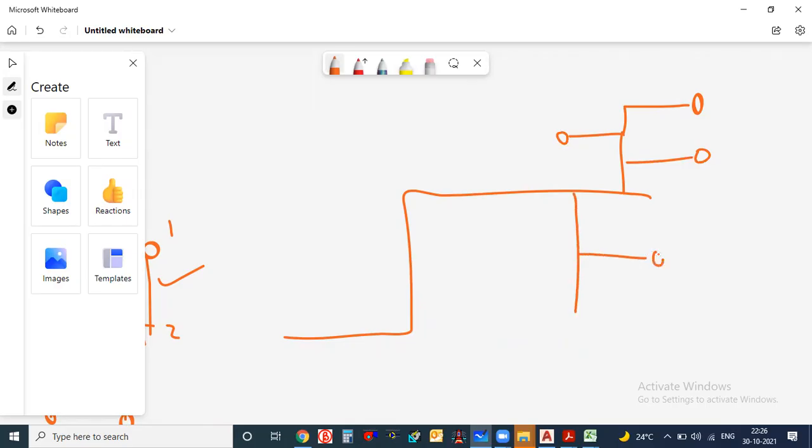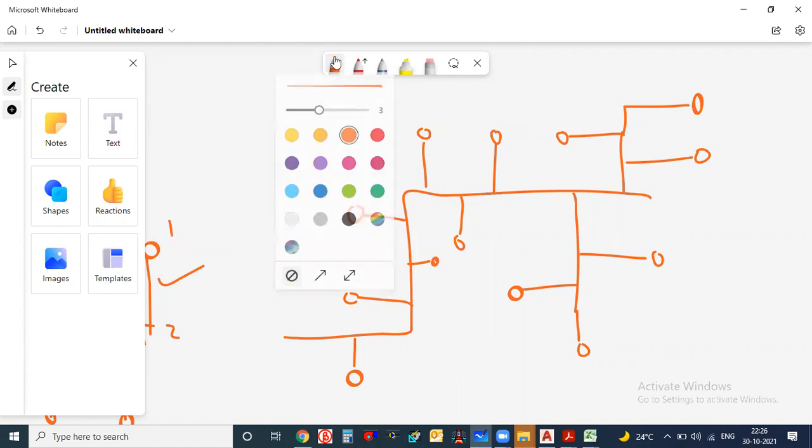Then here also the same way, 1 sprinkler, 2 sprinklers, 3 sprinklers. Here 1 sprinkler, here 1 sprinkler. Like that I have placed the sprinklers. Now I want to start the calculation.